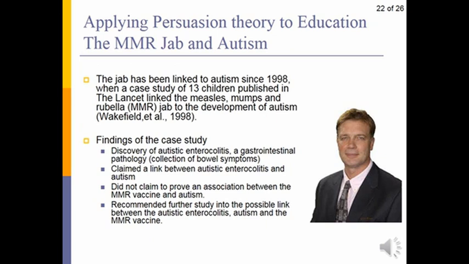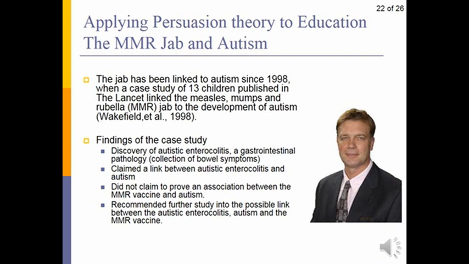The issue I want us to use as our thought experiment on how to apply some of the things we've just learned about persuasion is one which you may or may not be familiar with. It may depend on how interested you are in scandals and medical scandals, or if you have young children of a certain age, this may or may not have popped up on your radar.